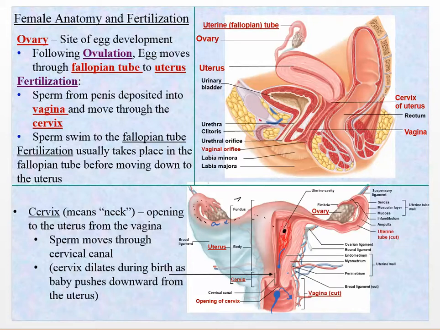This is where we're talking about the cervix, which again means neck. This neck of the uterus will start to dilate. The baby's head will start pushing on it, and it will start to stretch and dilate. When it's at about 10 centimeters, which is about 4 inches, if that's more familiar to you, that's usually the sign that the baby is coming, that the baby will then start to push out.